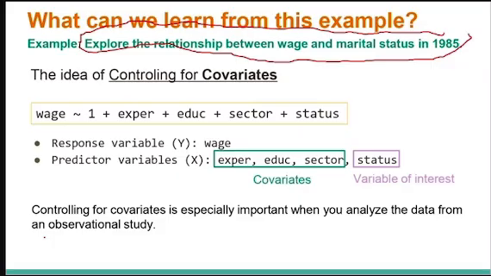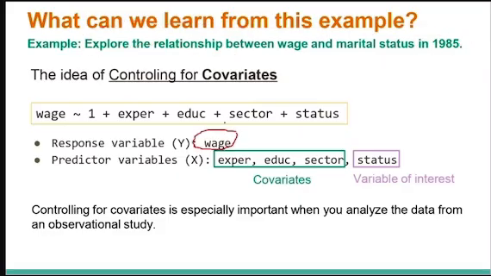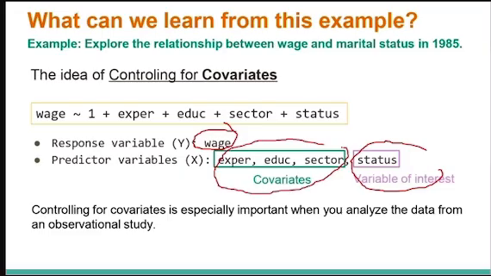Here the response variable was wage, but the status was the main variable of interest. But we now had covariates: the years of experience, the years of education, and the sector the worker belongs to. That was why I said controlling for covariates is especially important when you analyze data from an observational study.